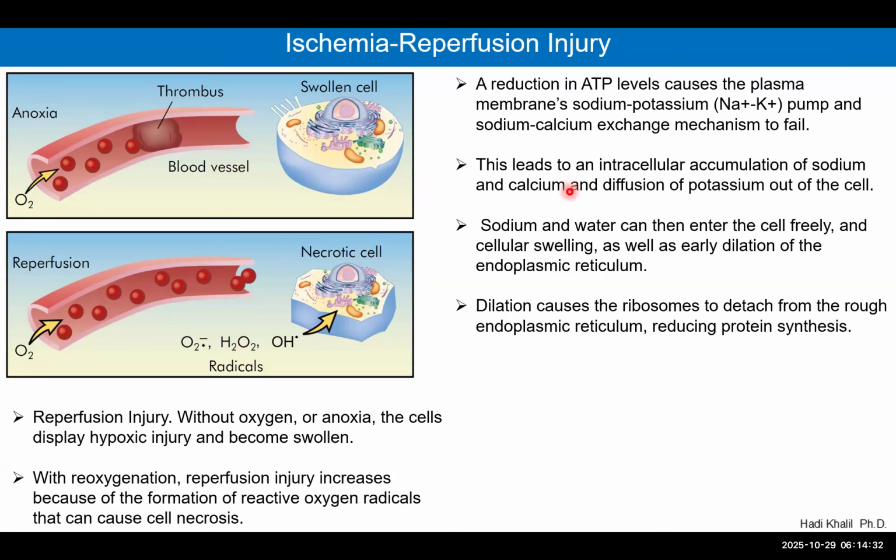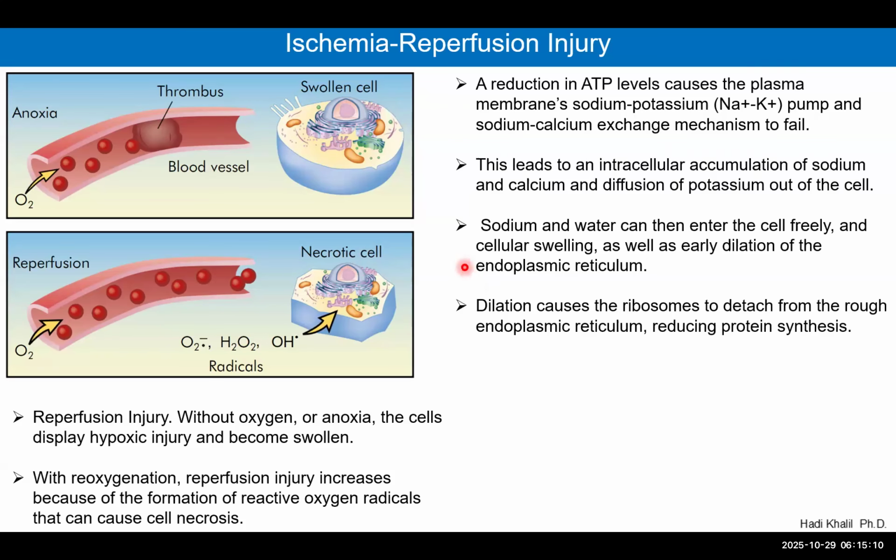And normally what happens is that water is going to freely diffuse into the cell, following these cations, because wherever there is a solute that is concentrated within our cells, the water follows. And this practically causes the increase of the amount of water within the cell. And eventually the cell will swell.